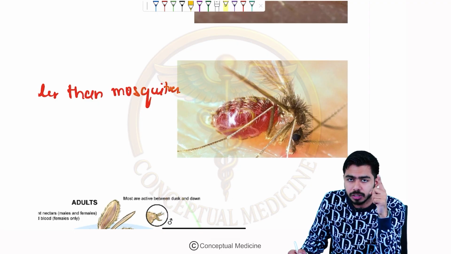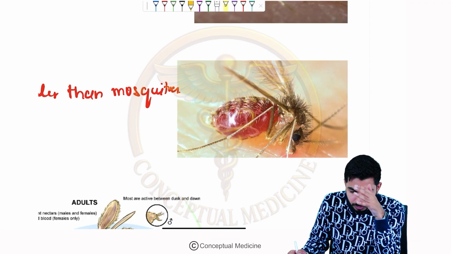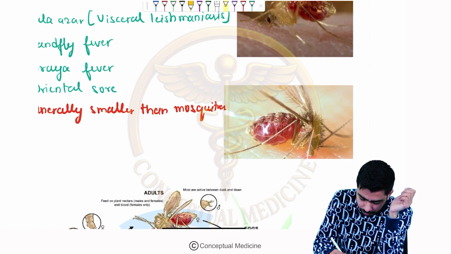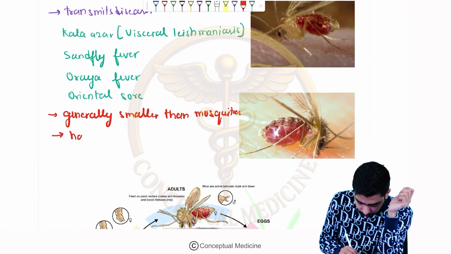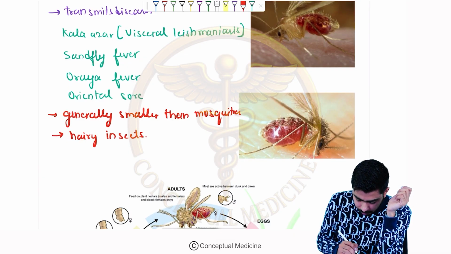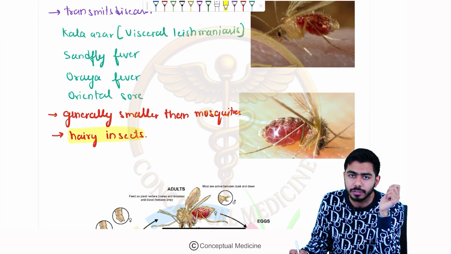And it is not coming under the mosquito category. Mosquitoes were different, sandfly is different. So I shall write over here that this particular Phlebotomus, I can say the sandfly, is actually a hairy insect, right?